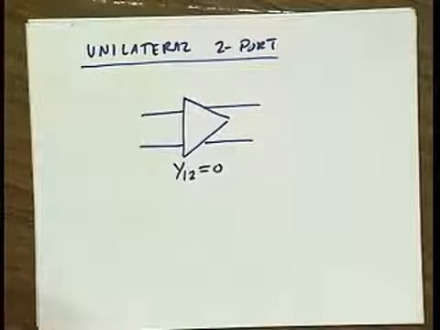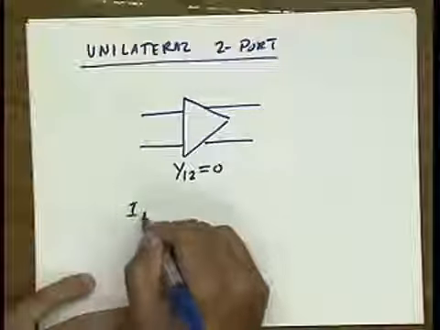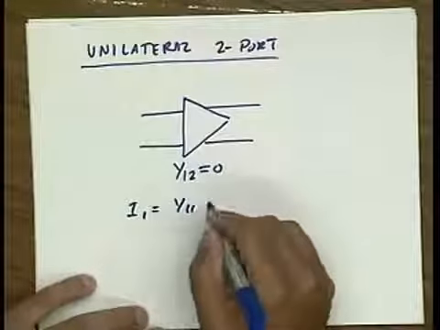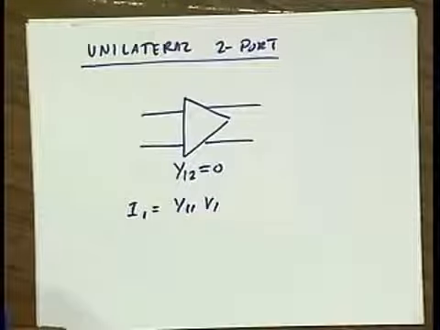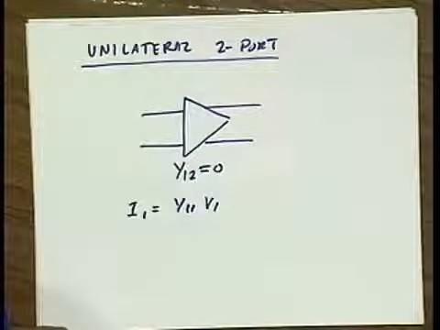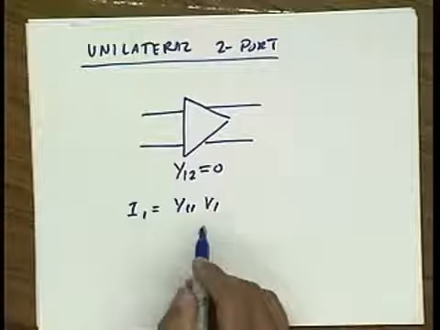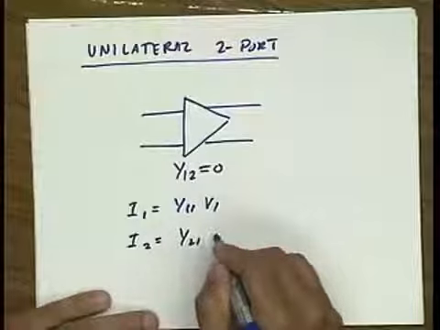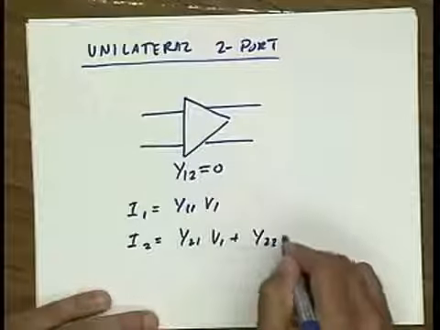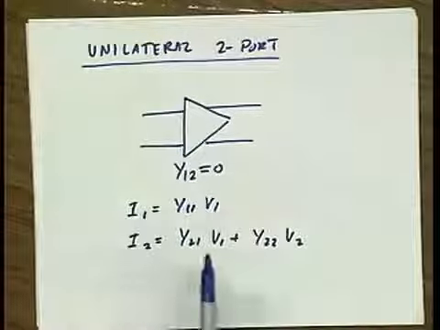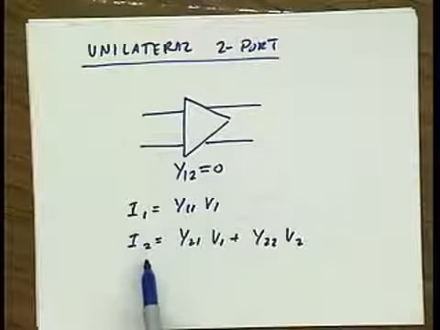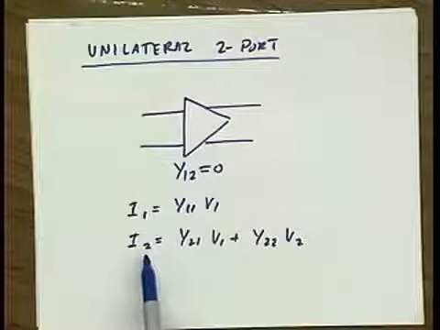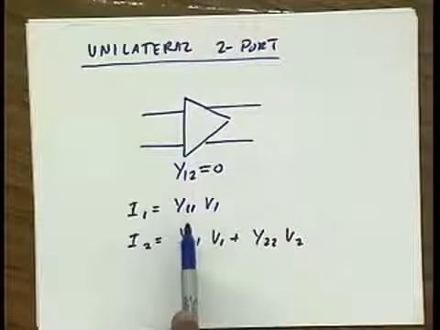And the reason we do that is, if we look at our equations, we can see that the input current, if Y12 is equal to 0, is simply a function of the input voltage, and the output current, on the other hand, is a function of both. In other words, the input can influence the output, but the output can't influence the input.